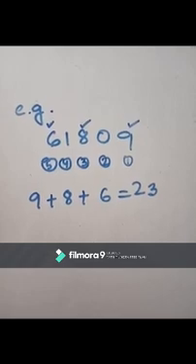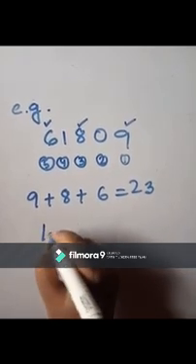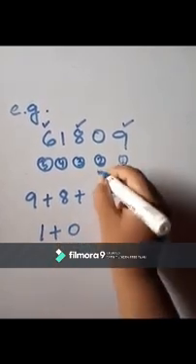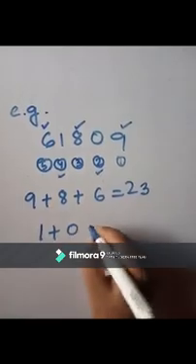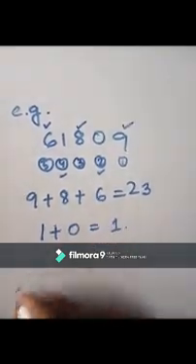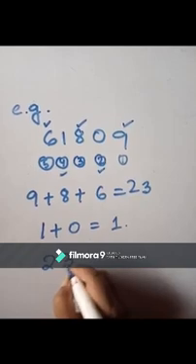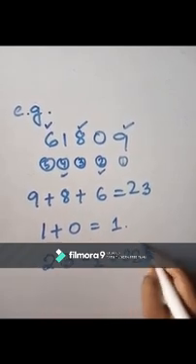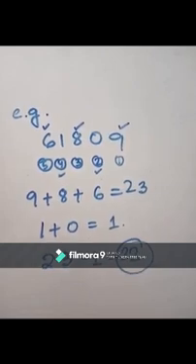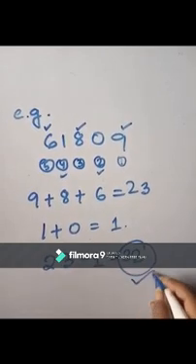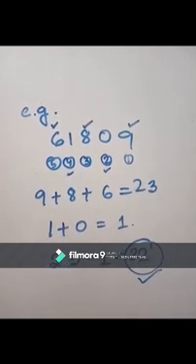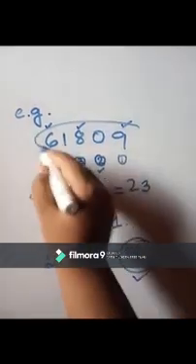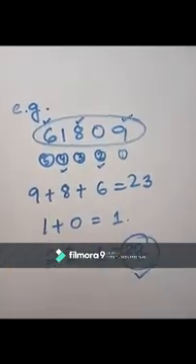Then find the sum of the digits placed in even places, that is 0 and 1. Now subtract them. Now the result is a multiple of 11, that is, it is divisible by 11. So this whole number is divisible by 11.